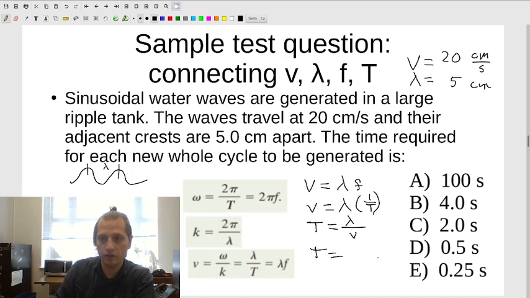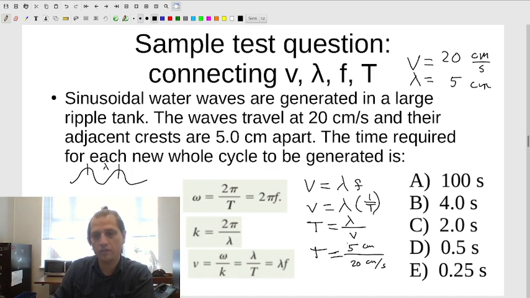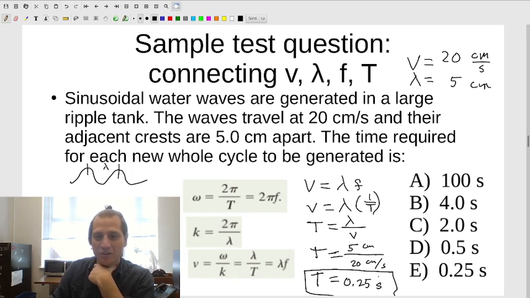Okay, so our wavelength is 5 centimeters, and our speed is 20 centimeters per second. And so if I am thinking correctly with my fractions, I think that's 0.25 seconds. Yeah, so be careful. Centimeters over centimeters per second, the seconds comes back up.